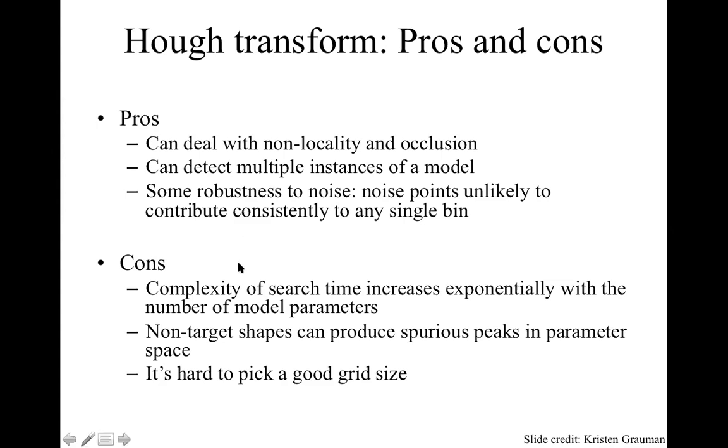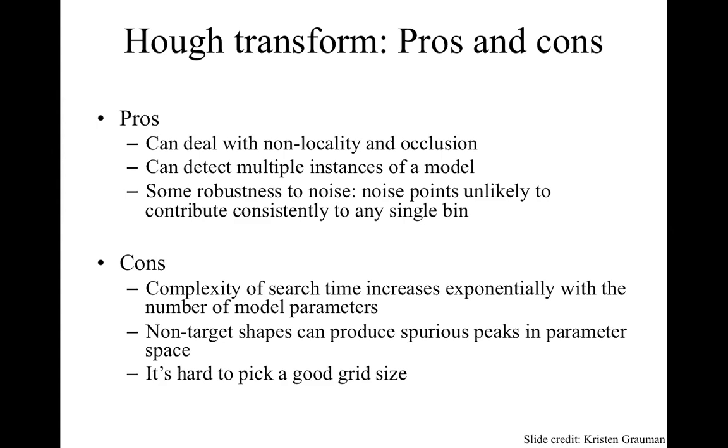Now, as drawbacks for the Hough transform, of course, if the number of model parameters increases, so until now you saw straight lines with 2 parameters, circles with 3 parameters, but you can also have more complex models.